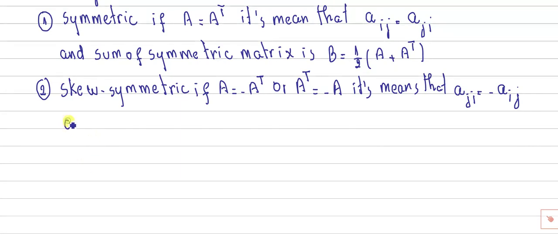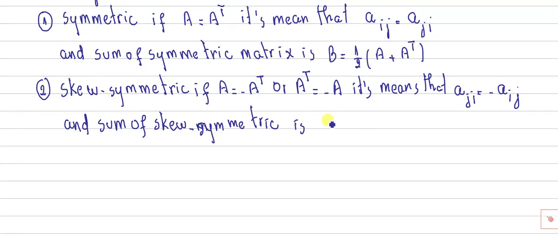And the sum of skew symmetric is defined by C equal to 1 over 2 (A minus A transpose). This is the sum of our skew symmetric.